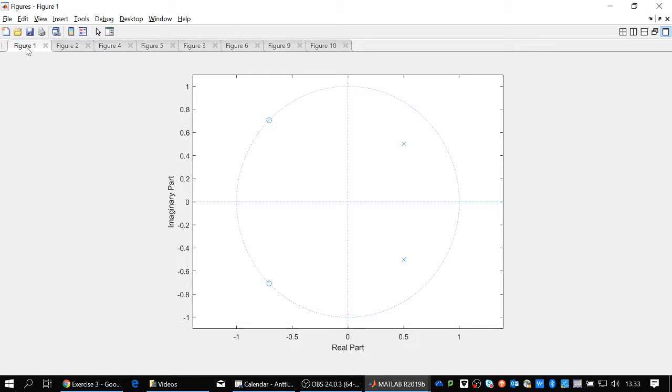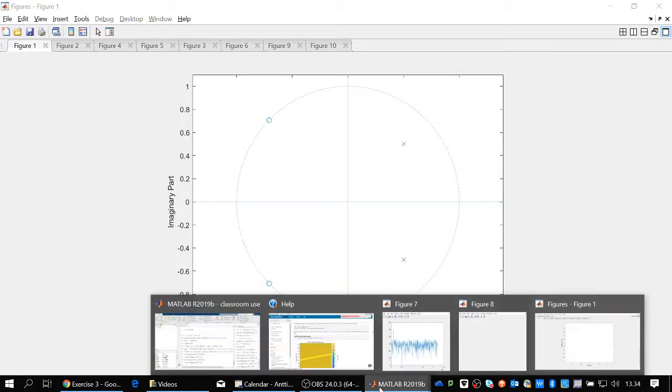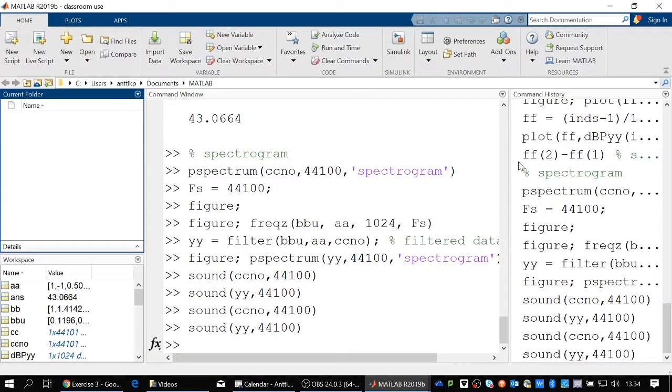In your case, you will start from a block diagram and define the parameters from there. I started from a zero-pole plot, just to make a point. And basically, for this system, I calculated the filter coefficients using the poly command. Where is my poly command? Here, it's somewhere in here.